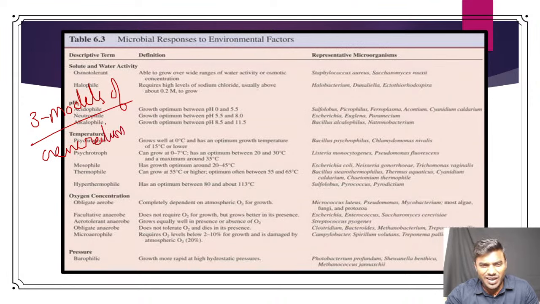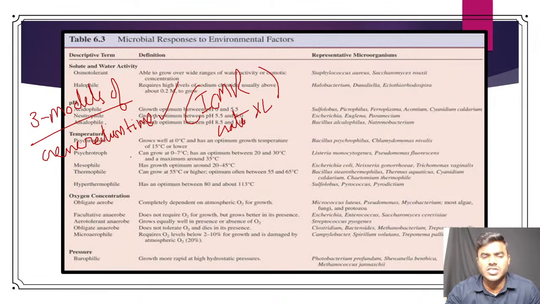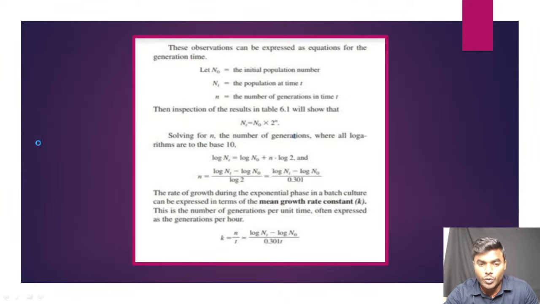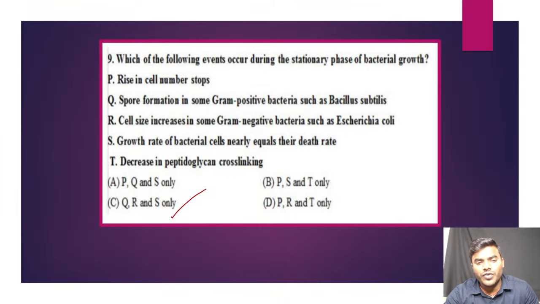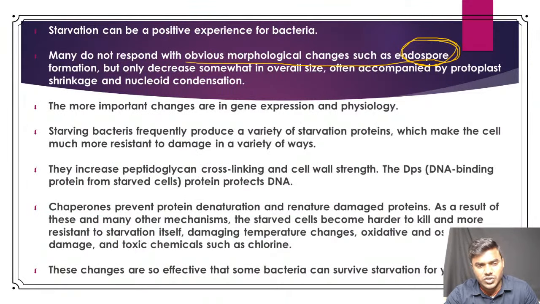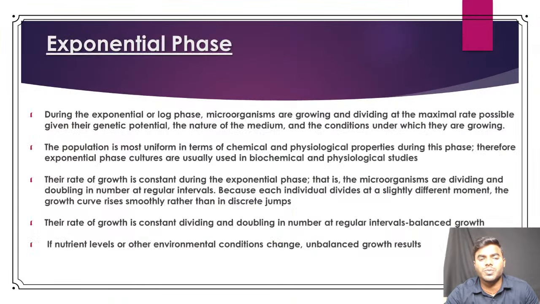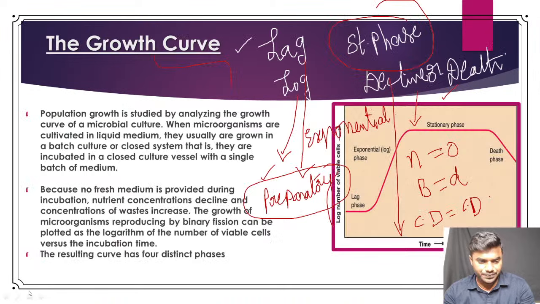In our CSIR, they never used to ask many questions from generation time, but exams like ICMR and GATE Life Sciences used to ask them. So we have to do this compulsorily, especially the different types of bacteria and their representative organisms. I will discuss the numerical as well as the graphical. But from the last 3 years we are getting only graphical, statement-based, or matching-based questions.